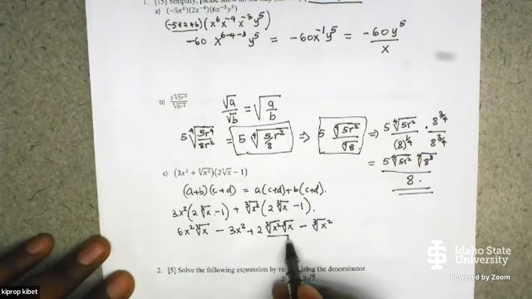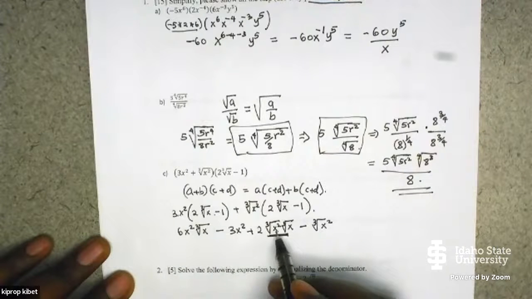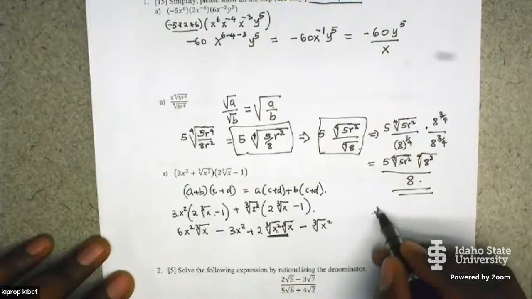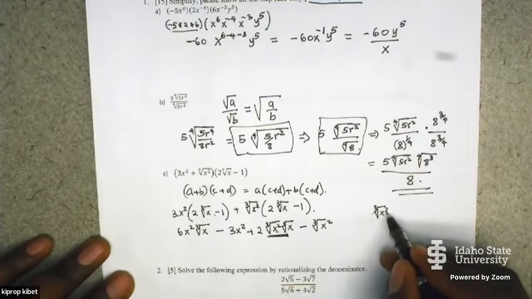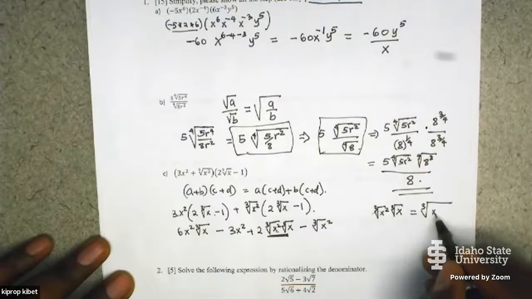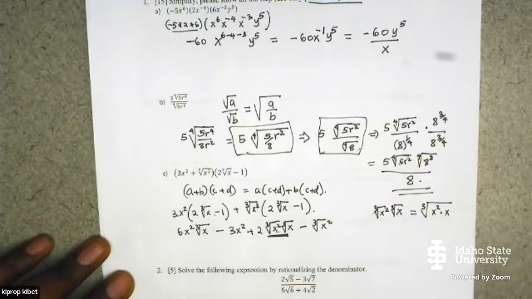Now, looking at this, right? So this can be the cube root of x squared multiplied by x, right? So the cube root of x squared, the cube root of x is the same as the cube root of x squared multiplied by x.